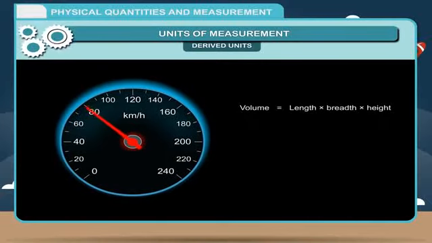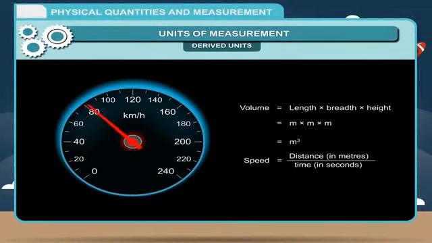Volume is equal to length into breadth into height, which is equal to meter into meter into meter, which is equal to meter cube. Speed is equal to distance in meters divided by time in seconds, which is equal to meter per second.